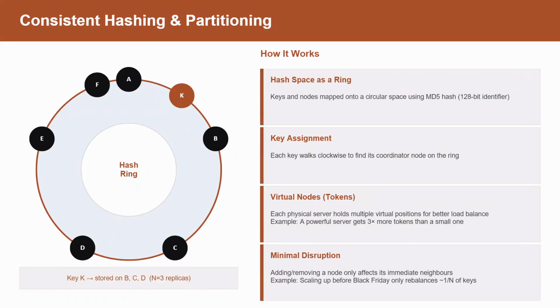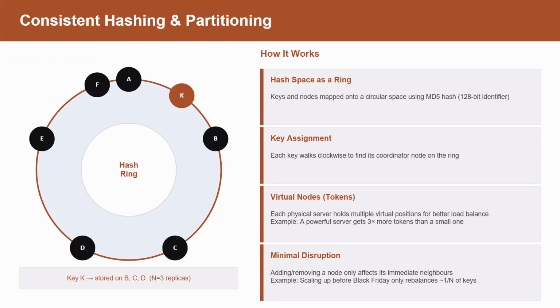Data service. But the big question is, how does Dynamo decide which server to store on? This is where consistent hashing comes in. Dynamo uses something called consistent hashing. You can imagine it like a circular ring.